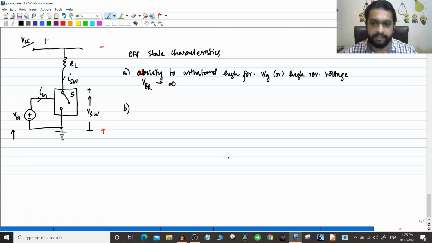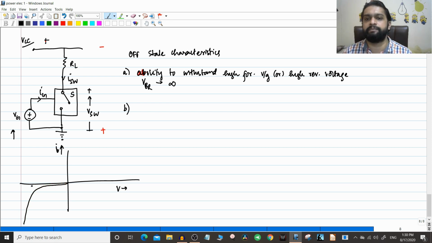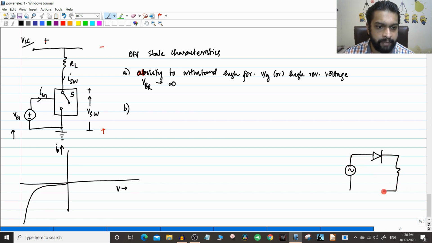Second point is that, if you see the diode characteristics, again analog electronics, this is the current and this is the voltage applied. When you apply a reverse voltage, a small leakage current flows, and this is the basic graph. This is the forward current, based on this polarity.